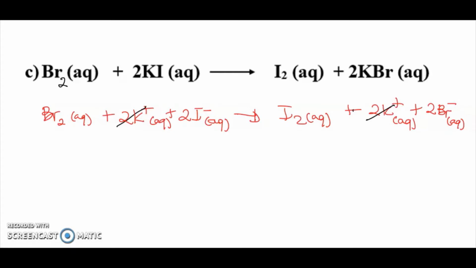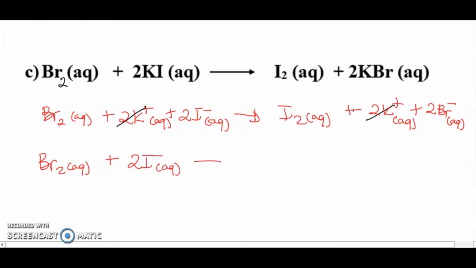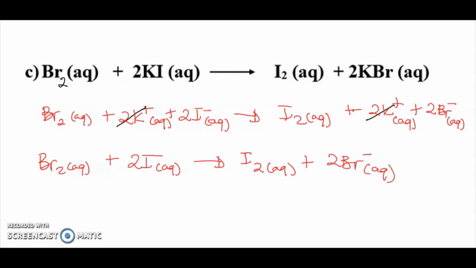So we are left with the aqueous bromine on the left plus 2 iodide ions, aqueous, and on the right we have an iodine molecule, aqueous, plus 2 bromide ions, aqueous. So that is the ionic equation for this reaction.